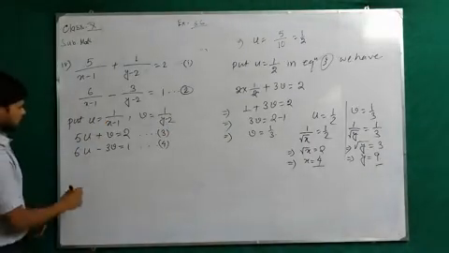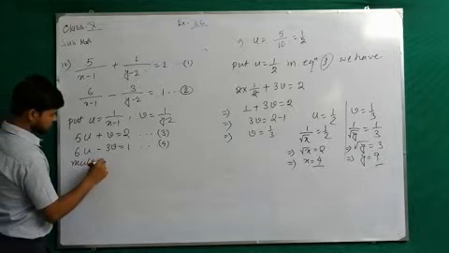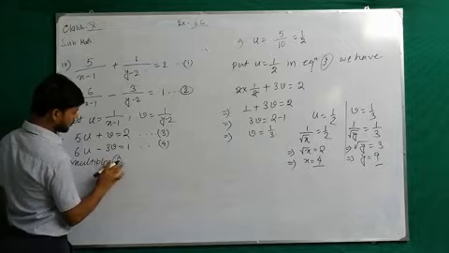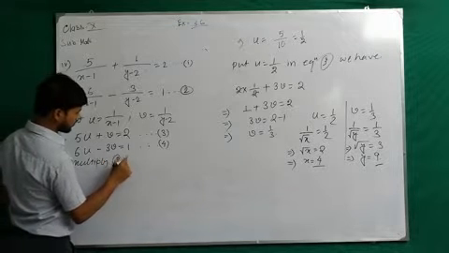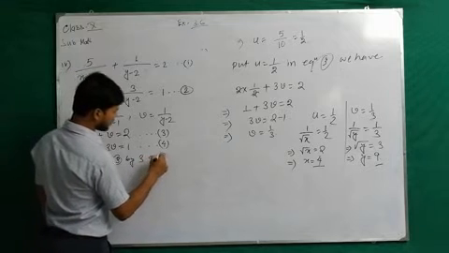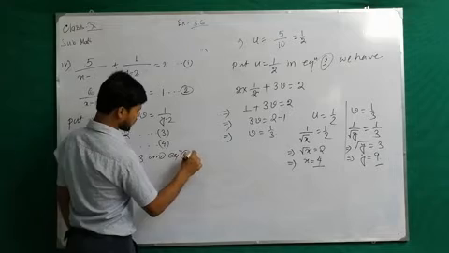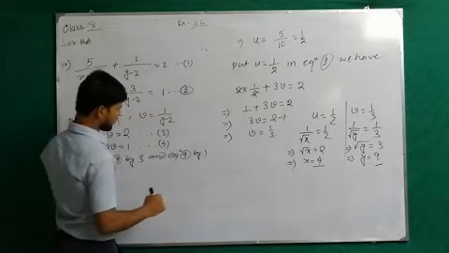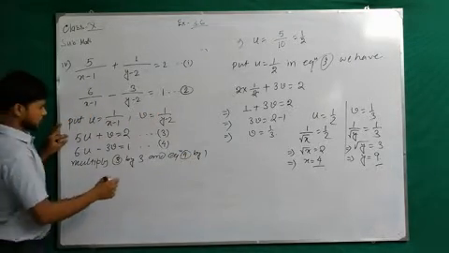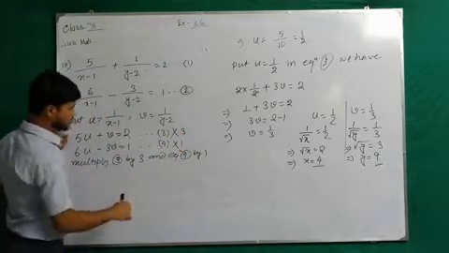Now multiply equation number 3 by 3 and equation number 4 by 1. We have multiplied this equation by 3 and this equation by 1.